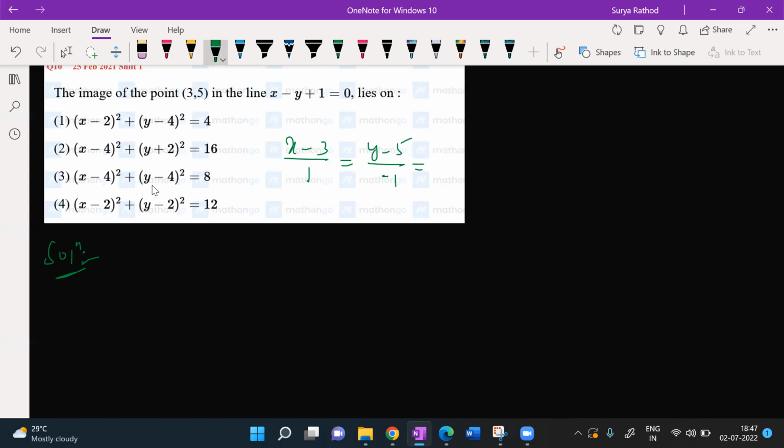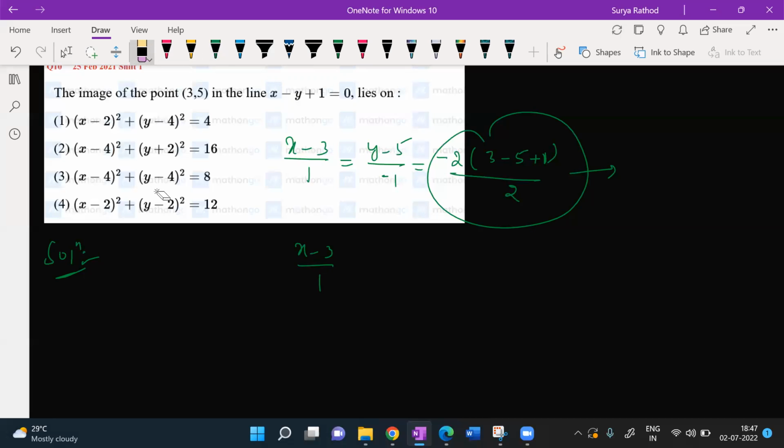Minus 2 times (a x1 plus b y1 plus c) by a squared plus b squared, that is 3 minus 5 plus 1 directly by 2. So directly solve this: minus x minus 3 by 1. Guys, after solving this, what do you get? Minus 2 minus 1, so 2 by 2 is 1. So you will be getting 1, beta.